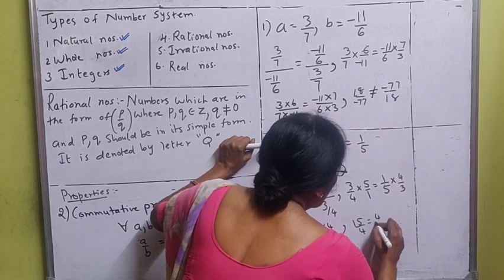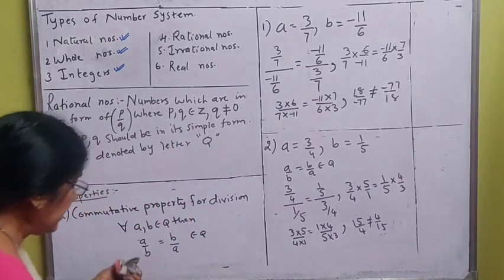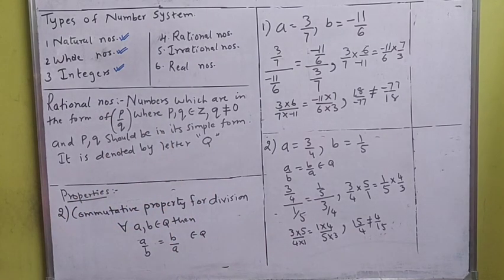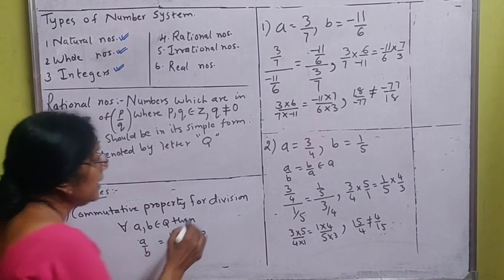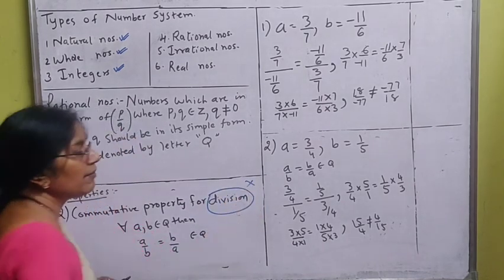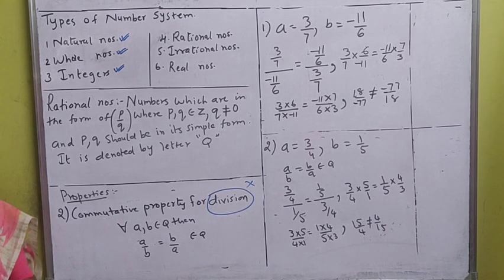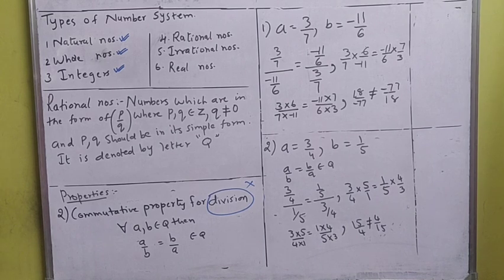And here you will get 4 by 15. Both are not equal. That means the commutative property for division is not true for what? Rational numbers. So we saw two properties, closure property and commutative property, proven for rational numbers.